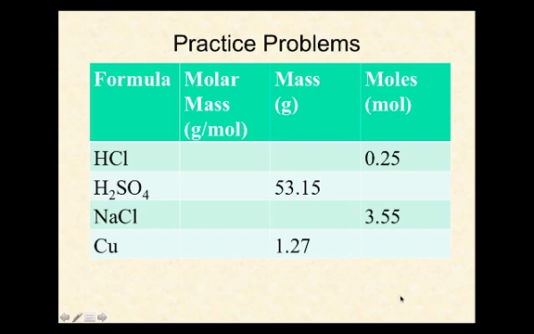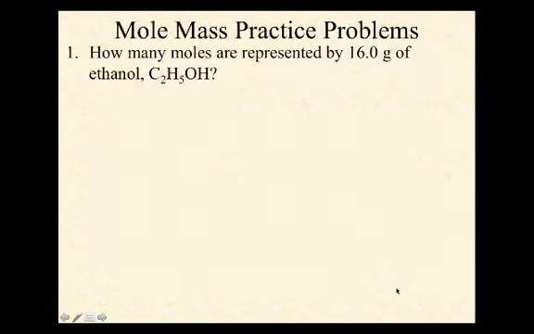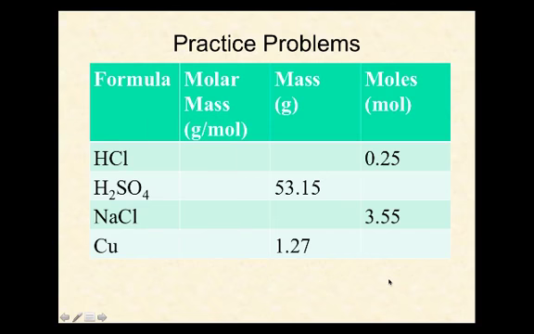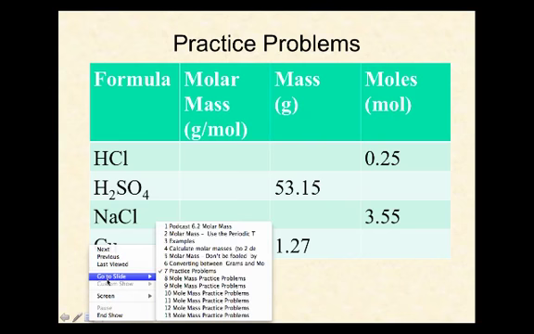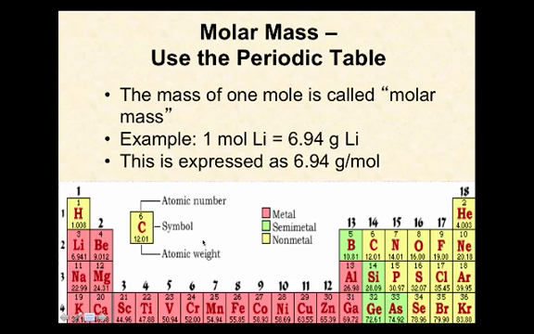So let's practice this. In HCl, we have hydrogen and chlorine, and I need that periodic table back. I know you guys have a periodic table all ready to go, right? Okay, so I need hydrogen and chlorine.